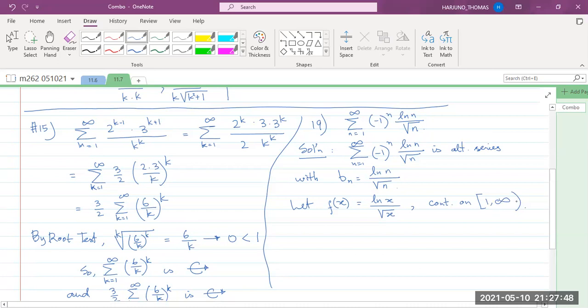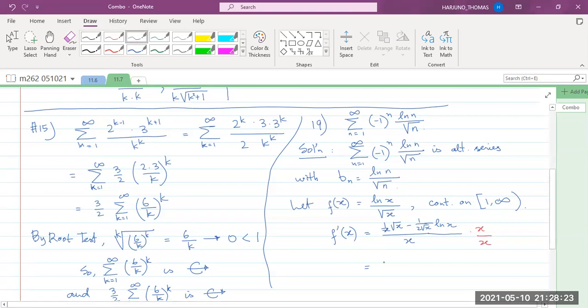Okay. Now f'(x) equals, x at the bottom, 1 over x times square root of x minus 1 over 2 radical x times ln x. Multiply the top and the bottom by x.